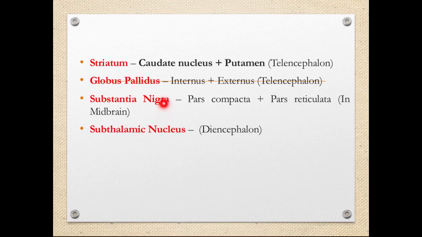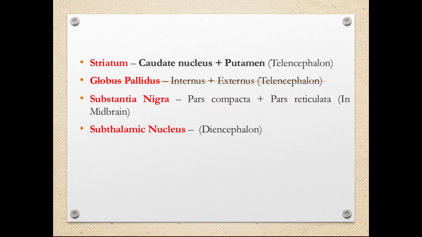It is kind of in the shape of a sheet of neurons, which has a pigment, neuromelanin, and this neuromelanin pigment gives them dark color. This dark color leads to the nomenclature of substantia nigra. Now, substantia nigra is further subdivided into pars compacta and pars reticulata. These two are parts of the substantia nigra.